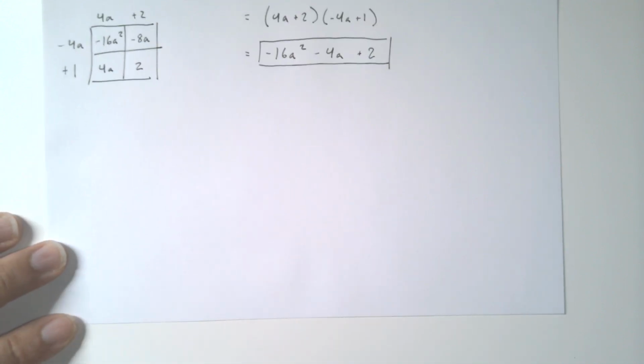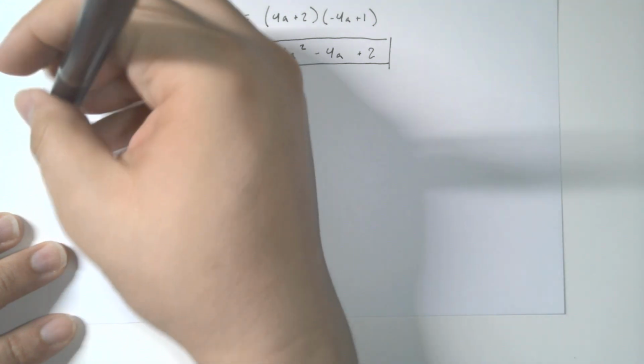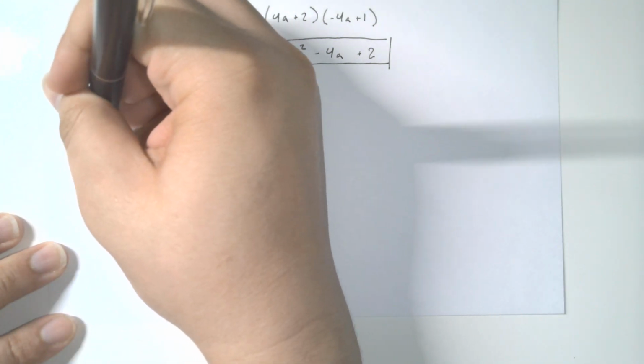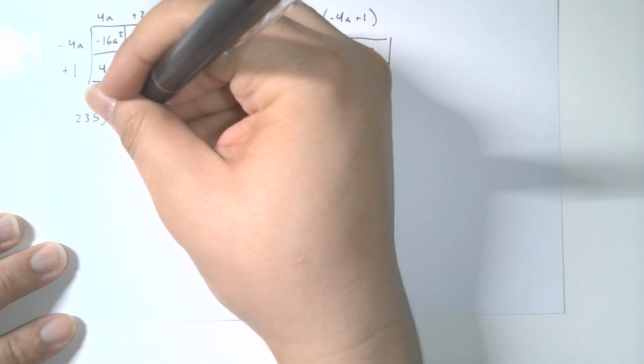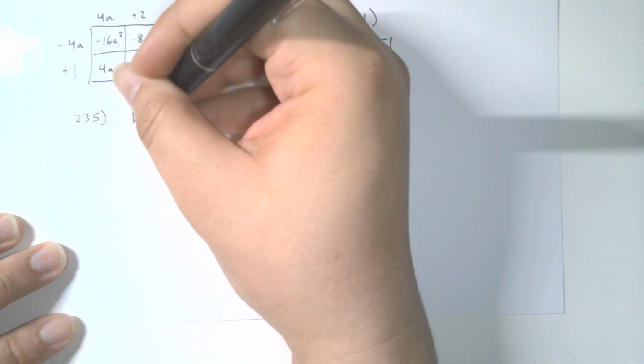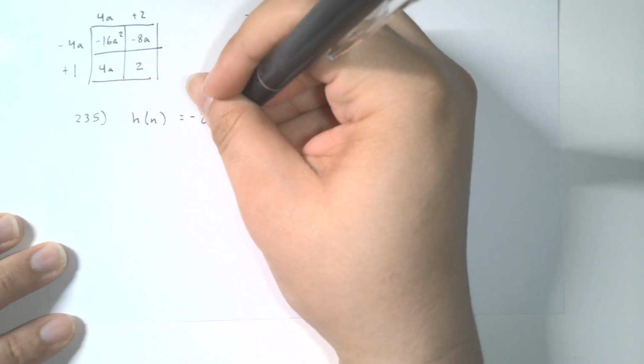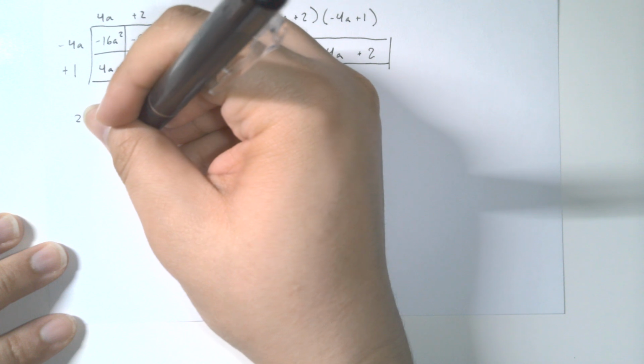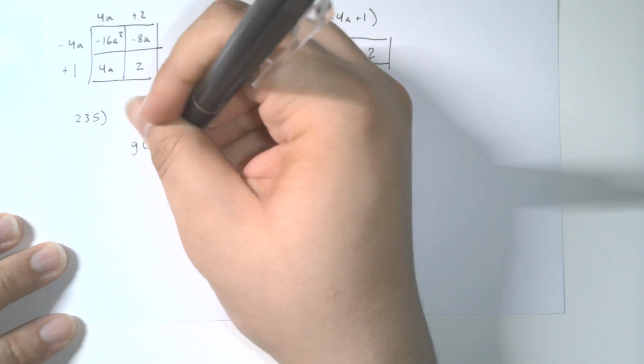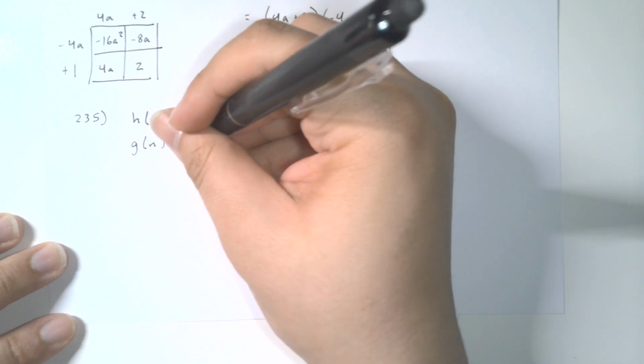The next one we have is number 235. Number 235, we have h of n is equal to negative 2n plus 2, and we have g of n is equal to 2n.